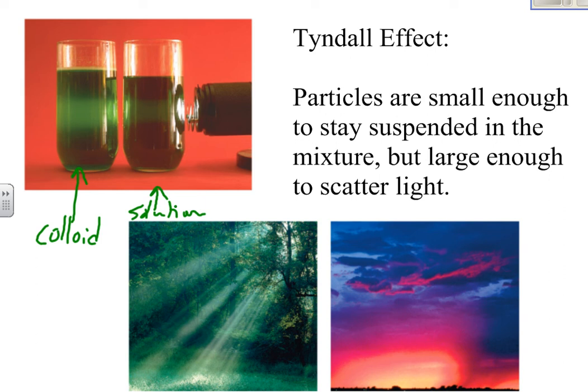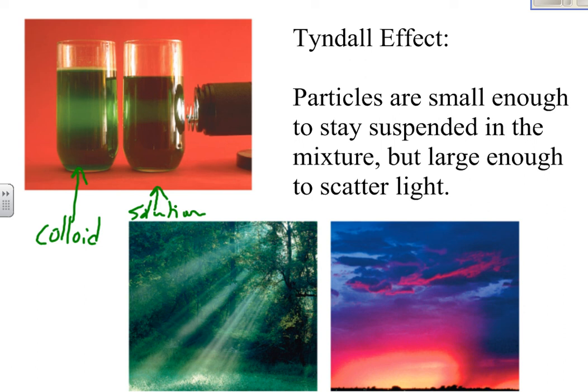The other two pictures that we have on the board here: we have light shining through the trees in the forest, and again, the fact that you can see that light means that there's some particles in the air that light is bouncing off of. In this case, probably water droplets, perhaps on a misty morning.